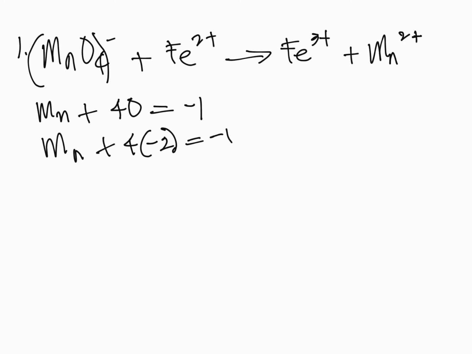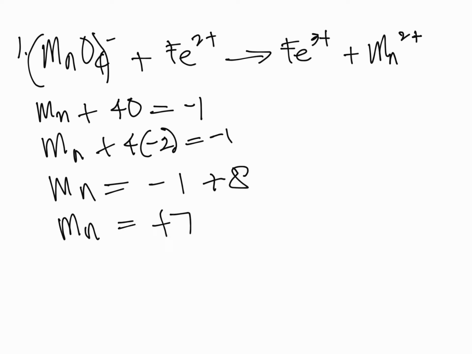So this will be your equation. Just replace oxygen with -2. So that's 4 times -2, that's -8. You transfer it to the other side, it will become positive, so that's +8. That means Mn has a charge of +7.